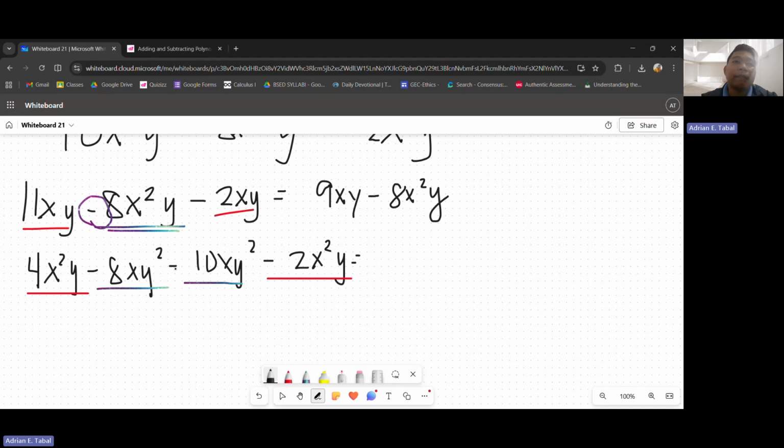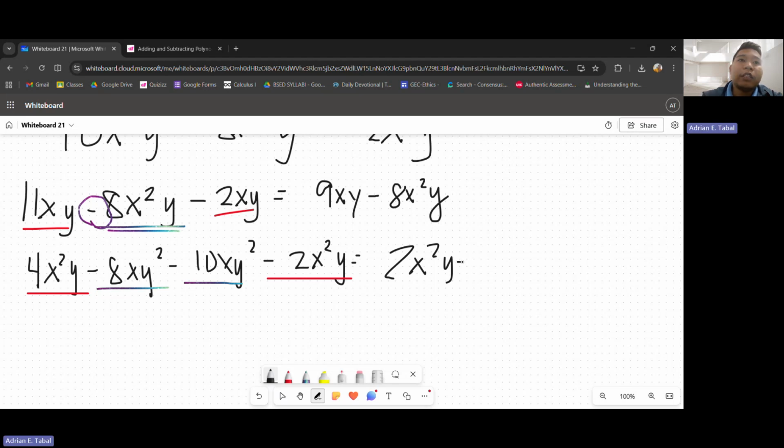Again, always use the sign of the term on the left side. So 4 minus 2, that's 2x squared y. And we also have negative 8 minus 10.